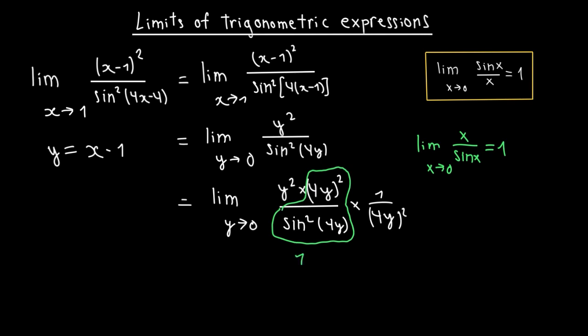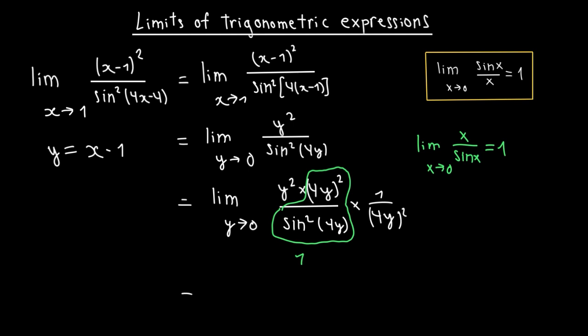And so this is actually 1 when y tends towards 0. And the reason for that is even though here we have 4y and not just y, we can set big X equal to 4y. And the limit of big X as y tends towards 0 is also 0. So we essentially have big X squared divided by sine squared of big X, and it will tend towards 1.